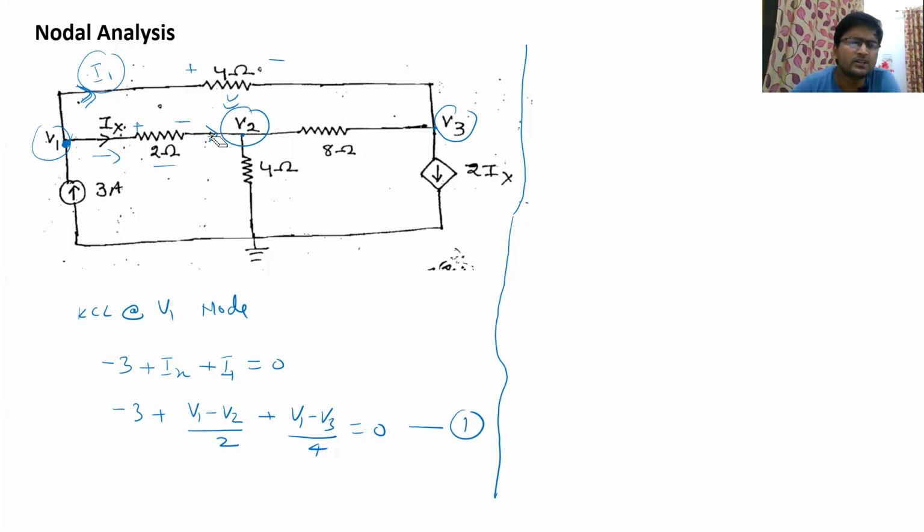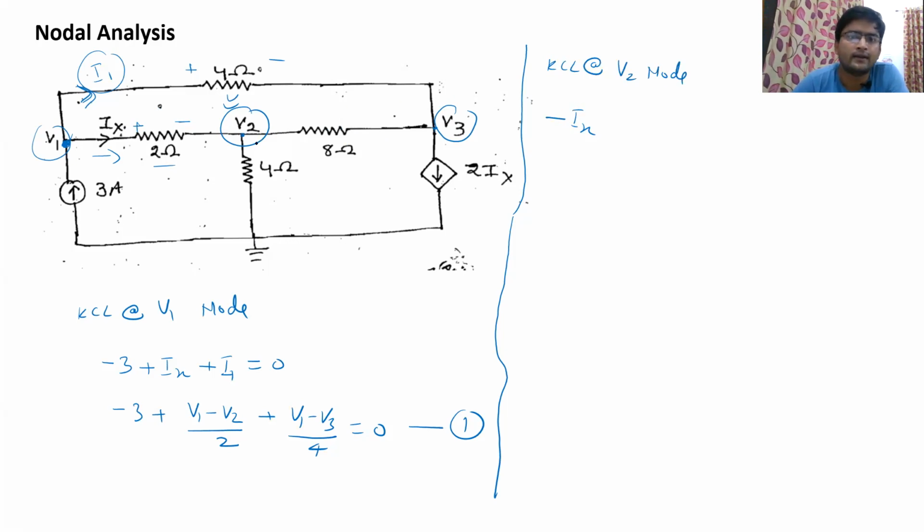So for the convention, since we took Ix for this particular node going outside, let's go with the same Ix. This Ix is incoming to V2, so we will write it as minus Ix, since it is incoming, we take it as negative. Let me write this KCL at the V2 node.